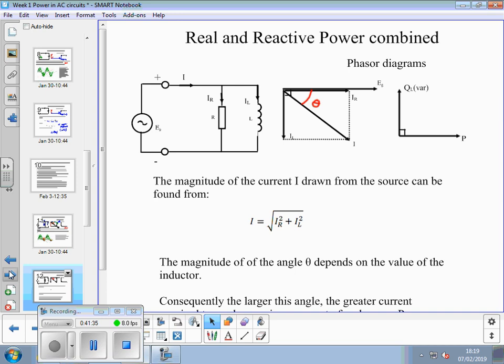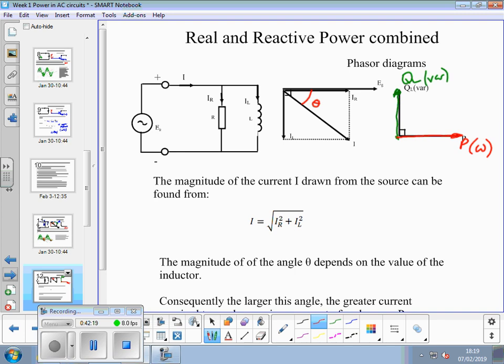So, we think about the powers combined. I've included the voltage and current phase diagrams as well. But we've got QL in VAR pointing upwards, and we've got P in watts down here.